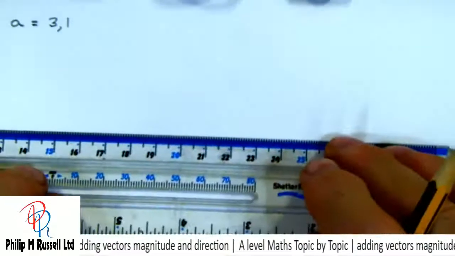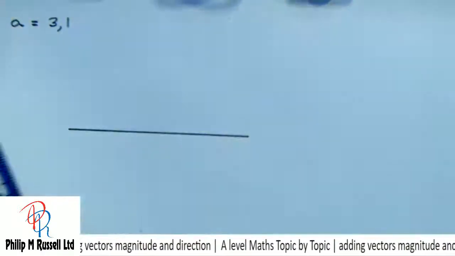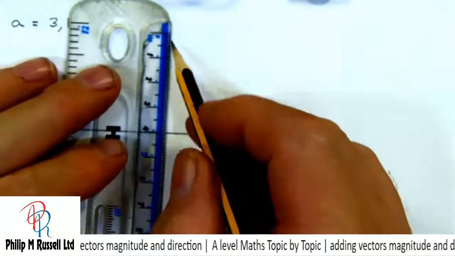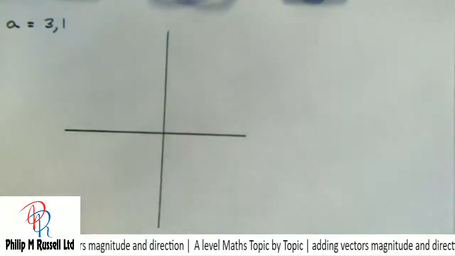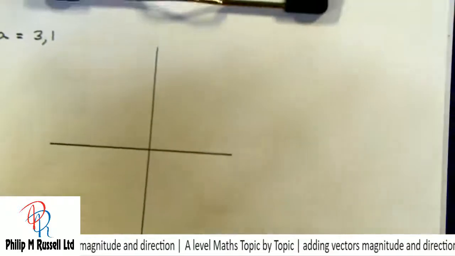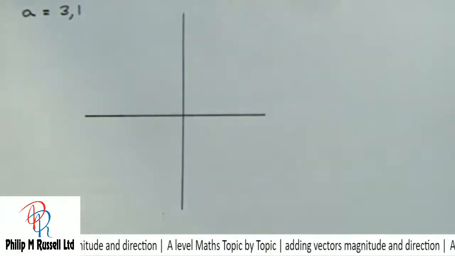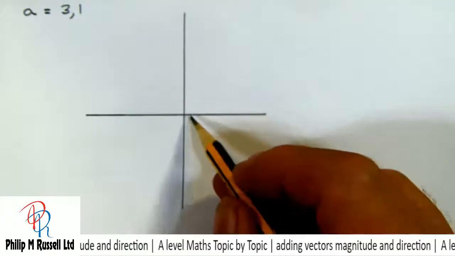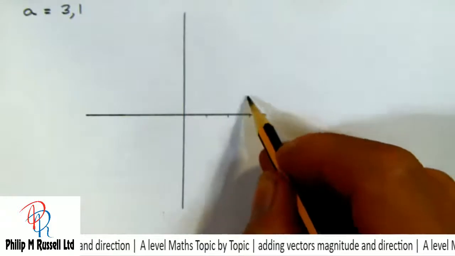So that just means that if I draw out some axes here, it doesn't quite look straight. Ooh, that made it worse, didn't it? There we are. So it's along 3, up 1.